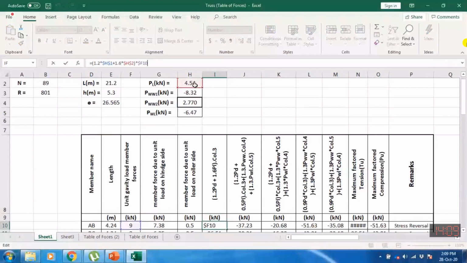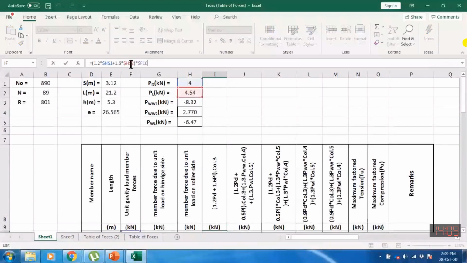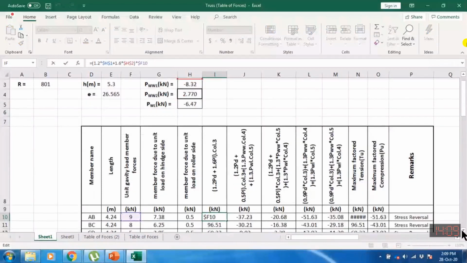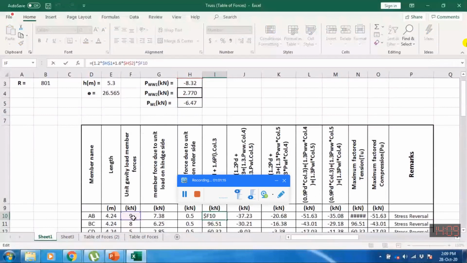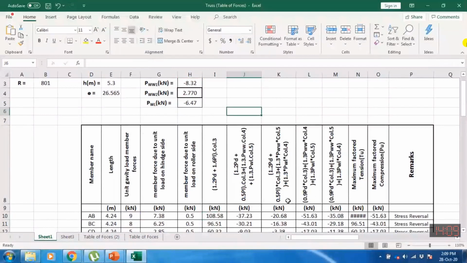After adding up, he has multiplied with the member force with this one. So he is having total force due to the gravity. Similarly here, he has used the formula 1.2 PD plus 1.6 PL multiplied by column 3. 1.3 of this windward load 1 multiplied by column number 4.